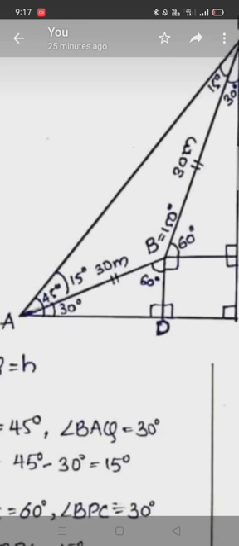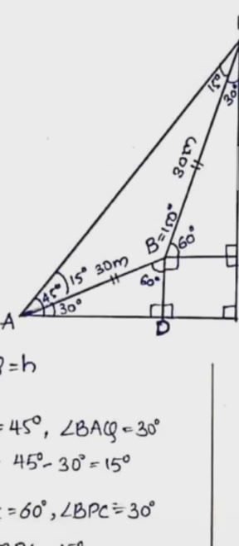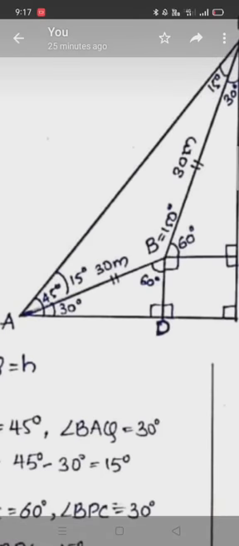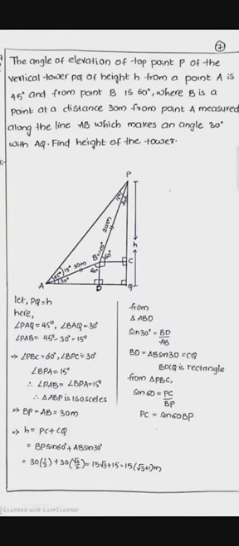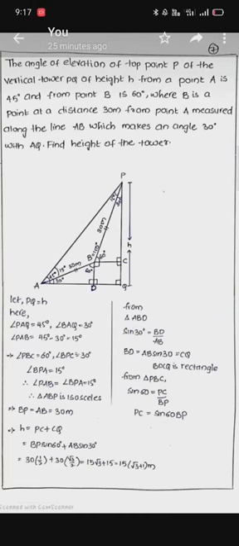So sine 30 degrees equals BD by AB, where AB is 30 meters. So BD equals AB times sine 30 degrees, and BD equals CQ, since BDCQ is a rectangle.